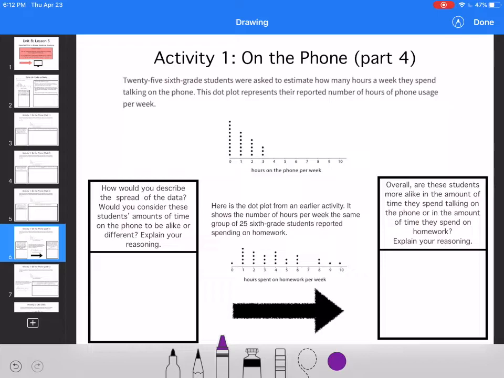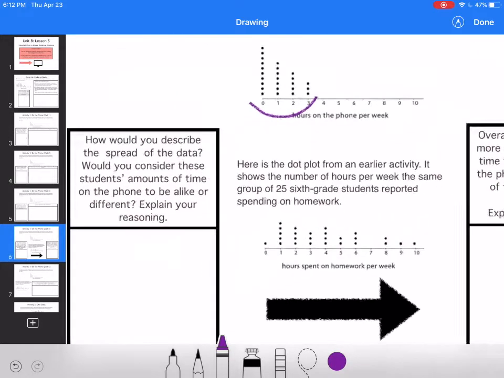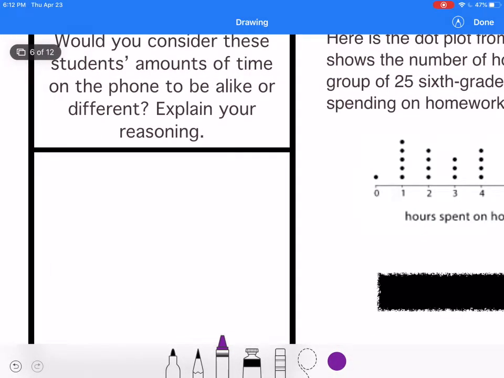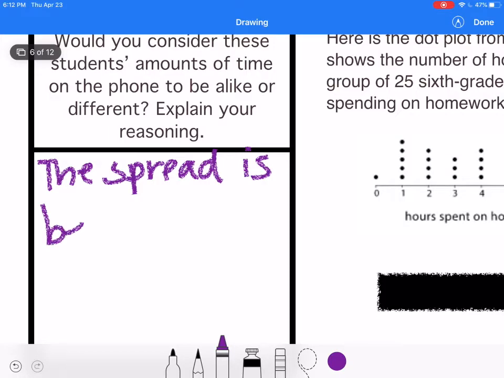Then it says, how would you describe the spread of the data? Would you consider these amounts of time on the phone to be alike or different? Explain your reasoning. Well, the spread, the data is pretty close together. So if I was describing the spread, it is between 0 and 3 hours.